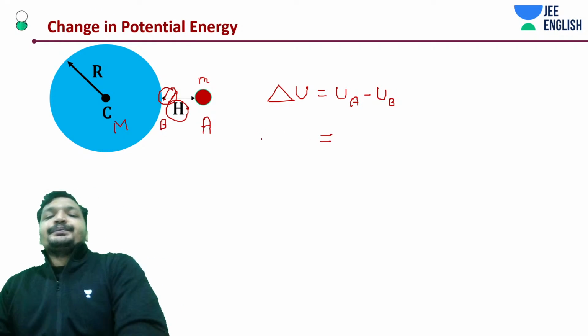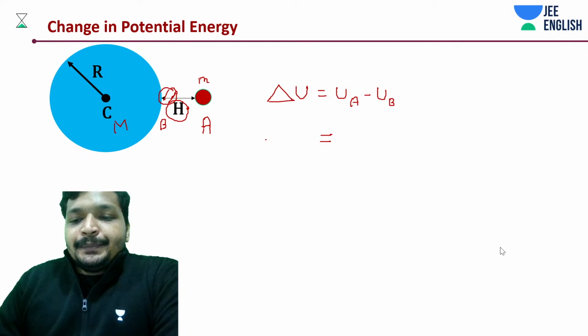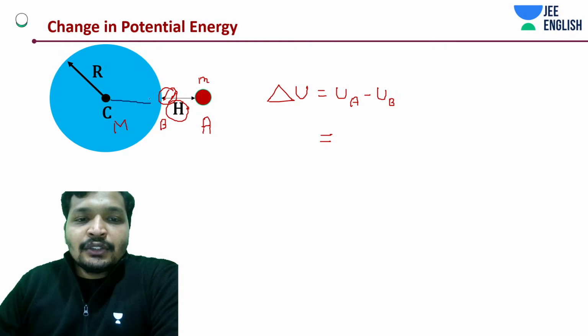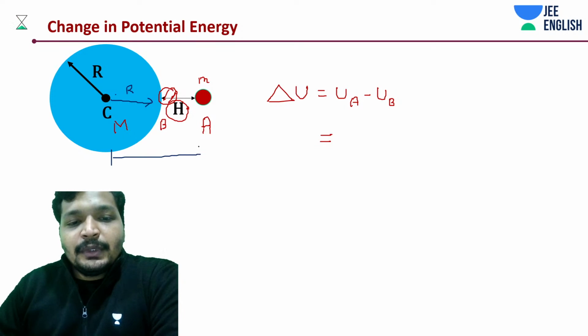Now the thing is, what is UA? UA is going to be the distance from the center of the Earth, which is r plus h. This distance is going to be r.